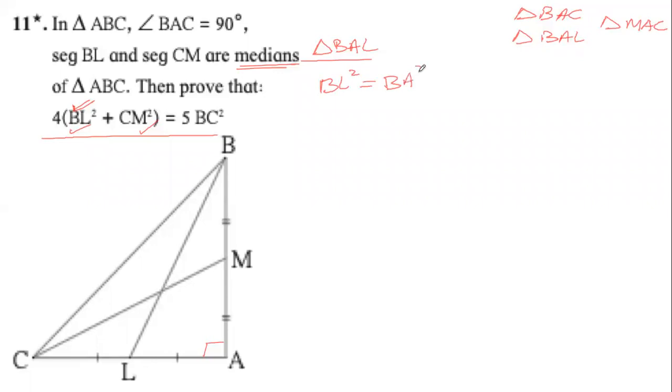It will be BA square plus AL square. Pythagoras theorem. Very, very easy. Very, very simple. Now BA is BA, that is okay. What is AL? AL is half of AC. So we can say BA square, in place of AL we will write (AC by 2) whole square, which becomes BA square plus AC square by 4. Do we agree?